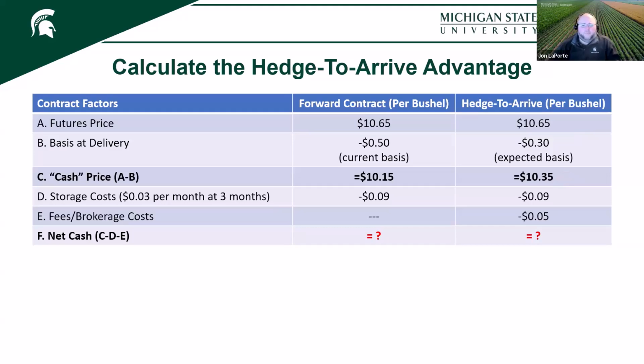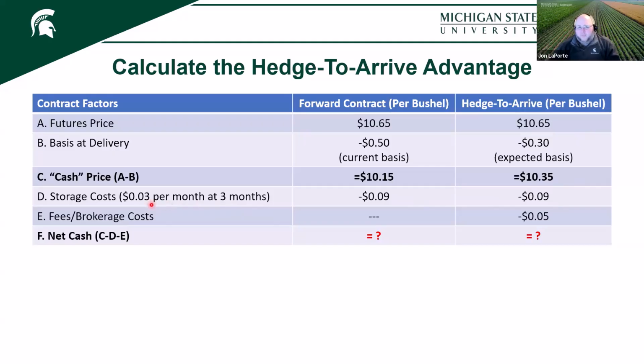So then our cash price, we're hoping to gain that 20 cents and end up getting about 10.35 per bushel on our soybeans. Now, one of the things you've got to pay attention to is in both cases, we're still utilizing storage. We've got some storage costs we've got to calculate. For this example, I'm just going to say we're looking at a 3-month time span, so that September to maybe December window that you were talking about on a previous slide.